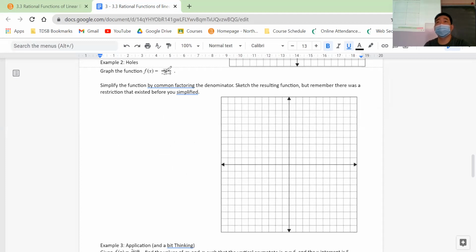Well, first, let's take a look at what that looks like in an equation. The function that's given to us is f of x equals x plus 3 over negative 2x minus 6. It may be in your best interest to make your lives easier by factoring out.